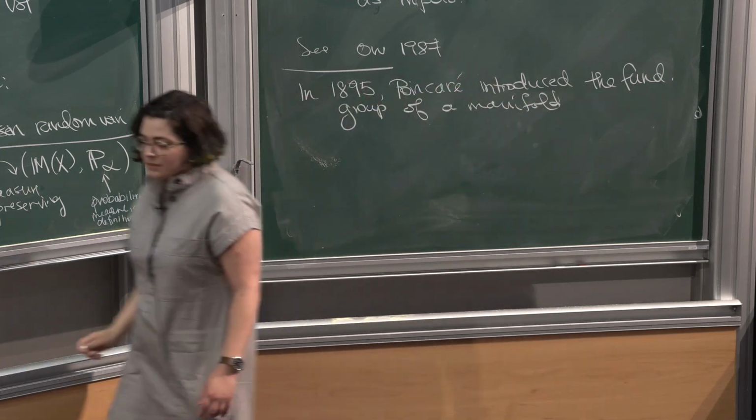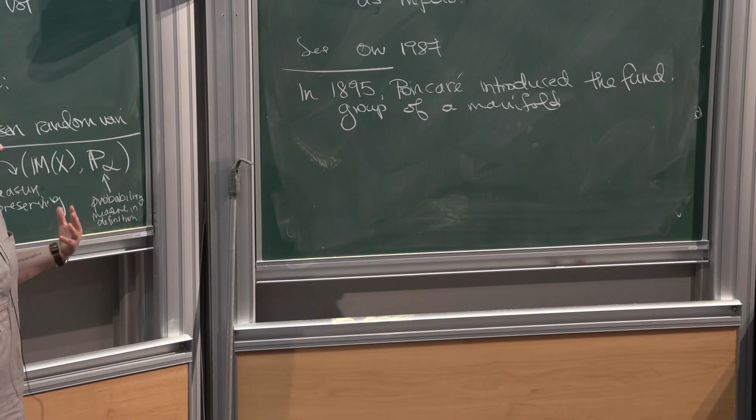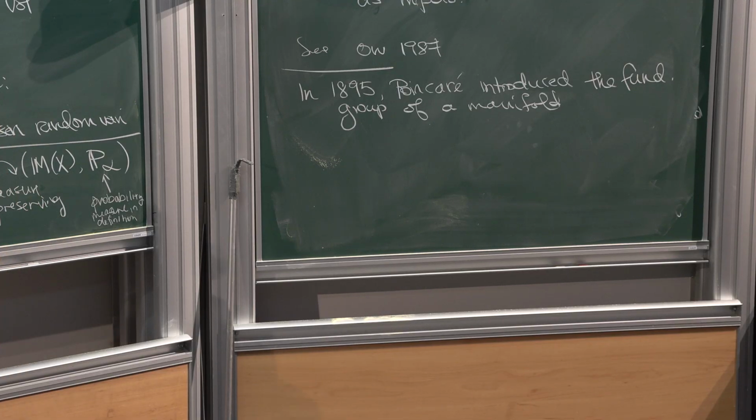Around 1895, Poincaré introduced the fundamental group of a manifold to try and classify manifolds, and he did this from the direction of physical systems and classical mechanics, trying to understand a state space. So you can take all of your values in a state space, that's a manifold.